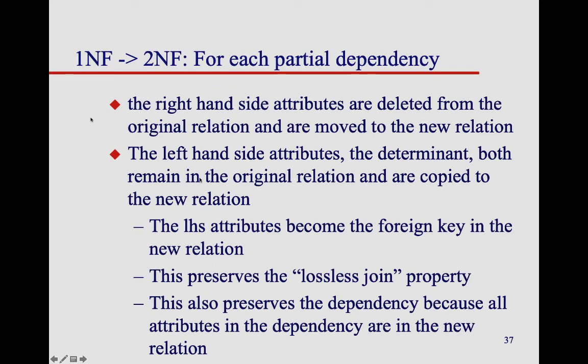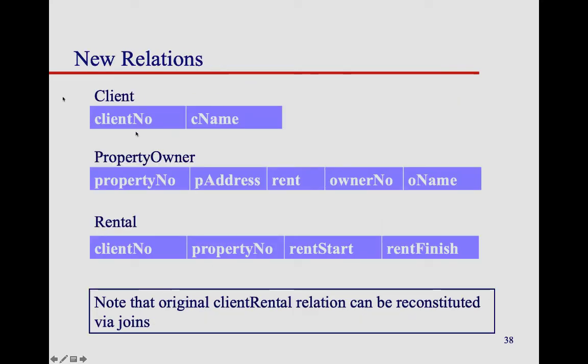So again, we copied out, this is the foreign key, so we're maintaining the lossless join property. So the way we maintain the lossless join property is by copying out the left-hand side. The way we maintain our dependency preservation is by copying all the attributes in the dependency to the new relation.